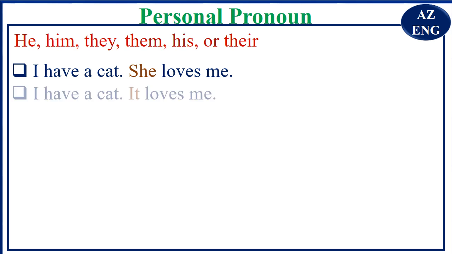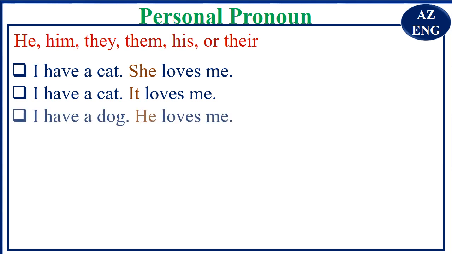Or you say, for example, I have a cat. It loves me. Talking about the cat, it is correct to use it like this. Or I have a dog. He loves me. The dog, he loves me.